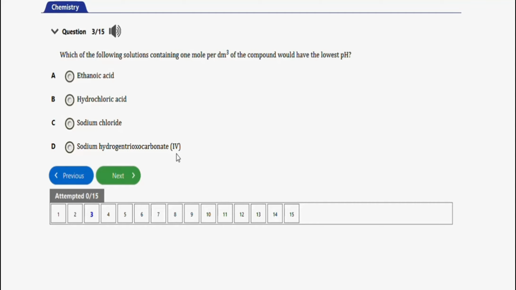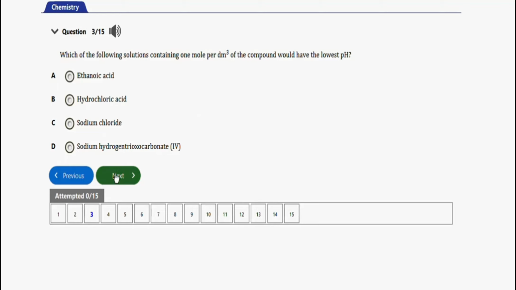The lowest pH will be this option. So the right option in this question will be option B, which is hydrochloric acid. Hydrochloric acid is a strong acid, so on the pH scale it will have the lowest pH, around 1 or 2 thereabouts.